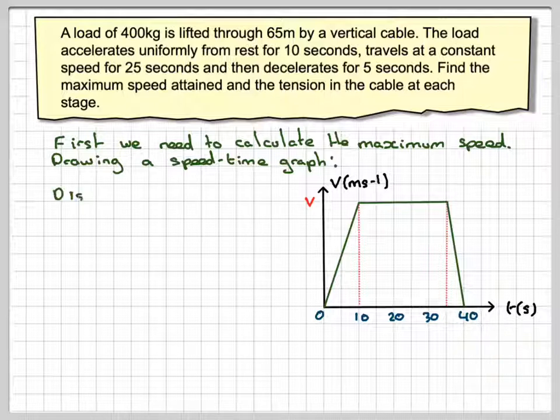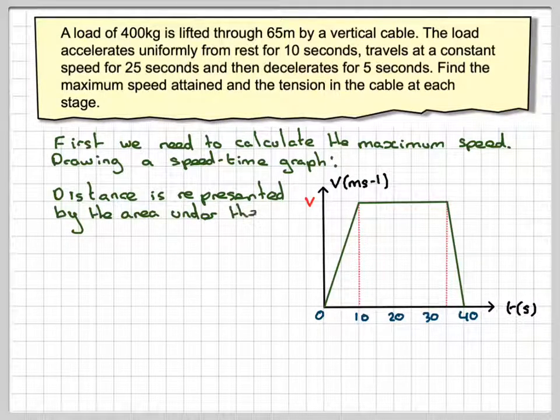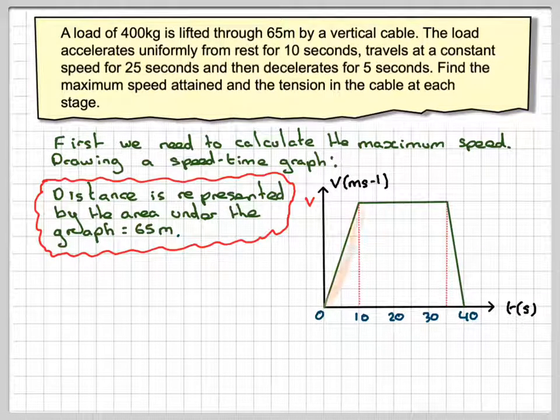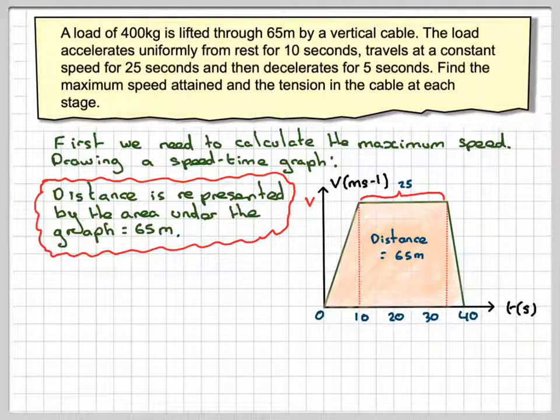Now, one important thing about a speed-time graph is that the distance is represented by the area underneath the graph. So the area underneath here has to represent 65 meters. Right, so we can find the area of this shape because it's a trapezium. We know that this distance is 25, i.e. 35 minus 10.